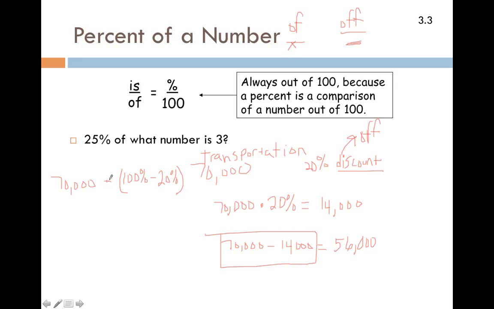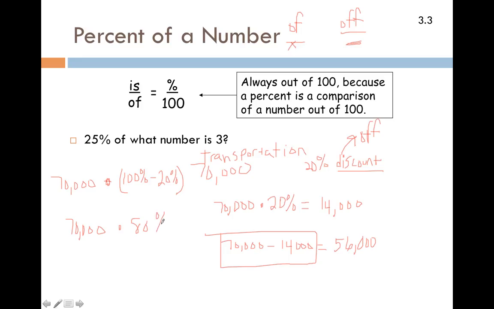Let me put a multiplication sign here. So if you're getting 20% off, you have to pay for 80%. So you've got 70,000, and then 100% minus 20% means you pay for 80%.